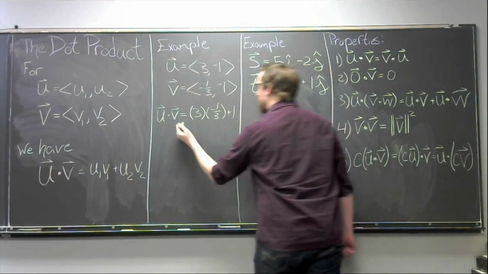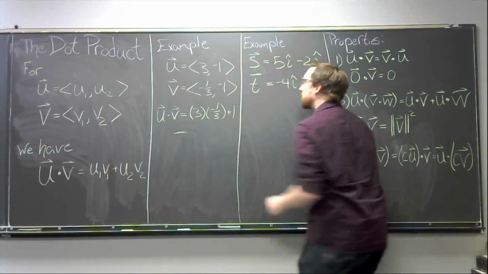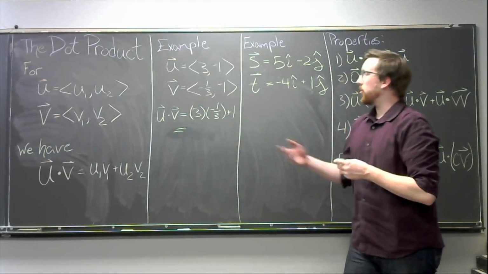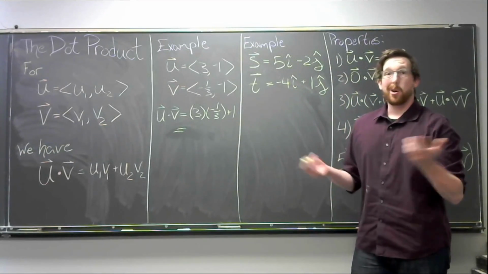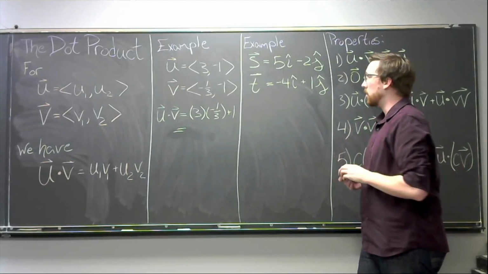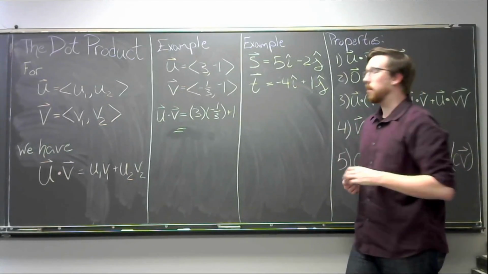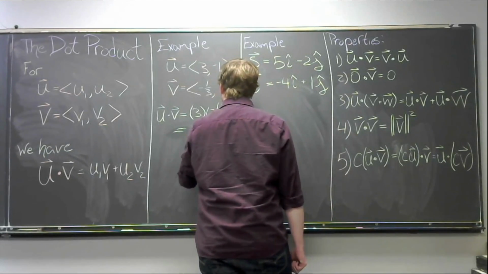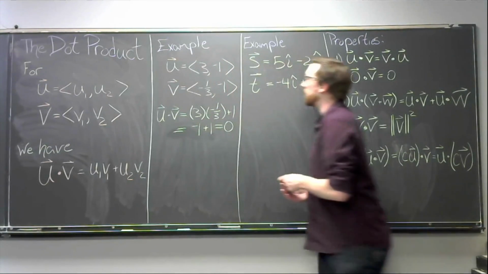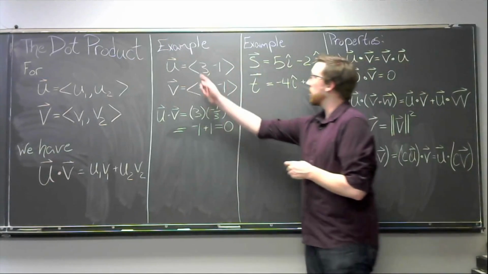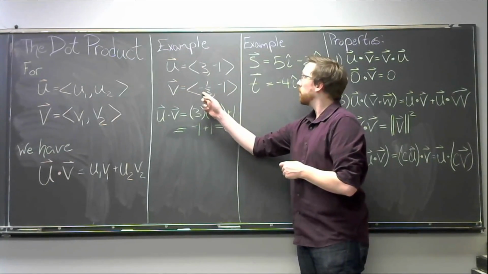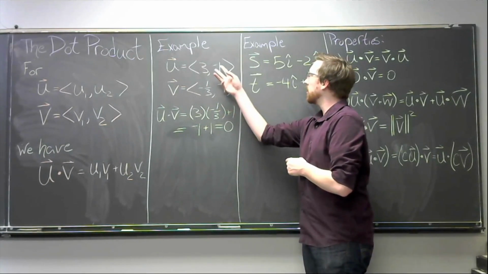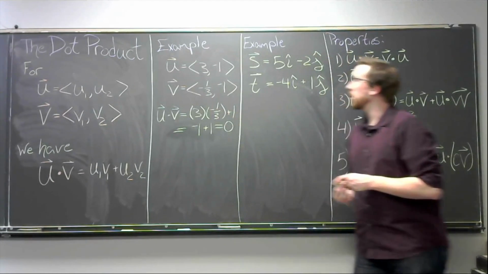Well, we know that's just going to be 1. And 3 times negative 1/3, well, that's just negative 1, I mean to say. So what we'll have is negative 1 plus 1, or 0. And all I did here was say 3 times negative 1/3, negative 1 times negative 1, and then add those products together.